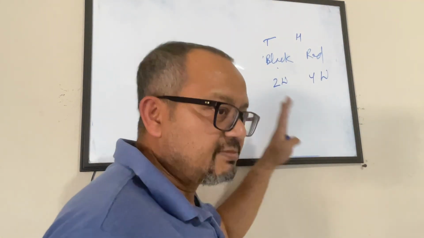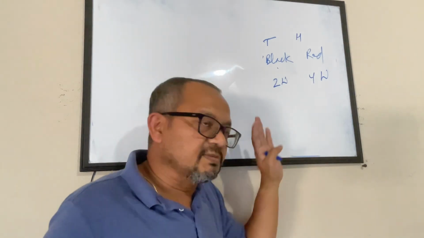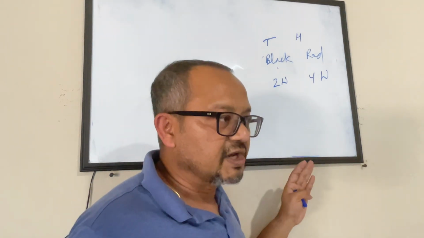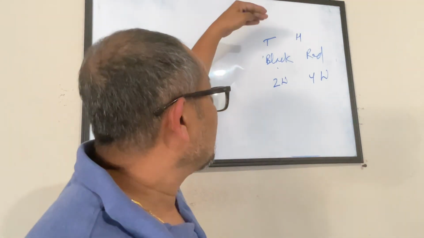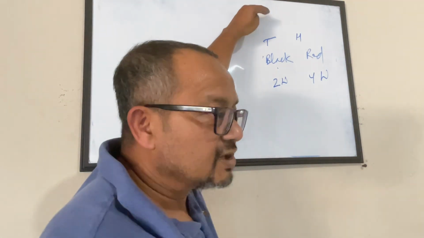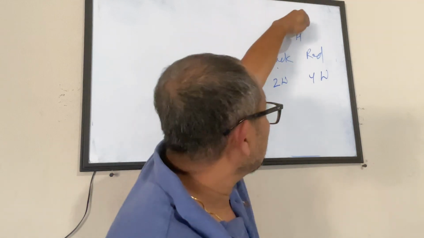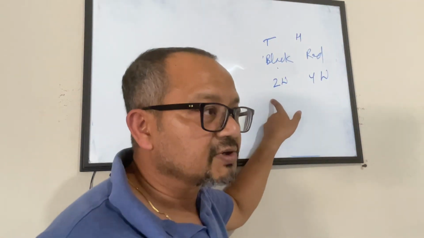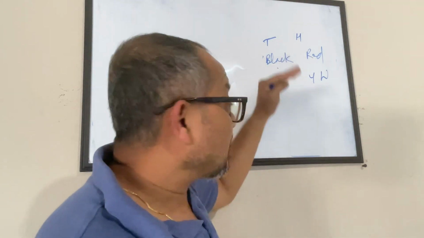And I'm talking about the same model, a similar model. I'm not going from a sedan to SUV or to hatchback or things like that. I'm saying you are planning to buy in a particular segment, either Toyota or Honda. Both of them come in black or red, and then you have the option to choose a 2-wheel drive or a 4-wheel drive. How many possible options do you have that you can choose from?